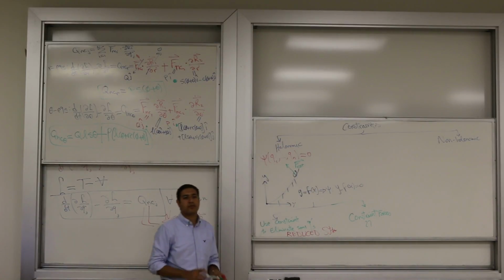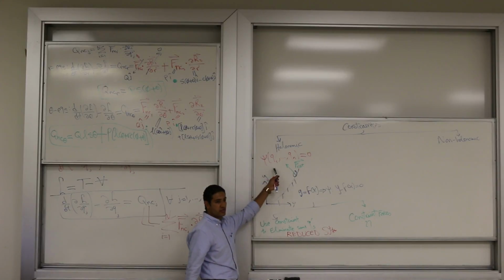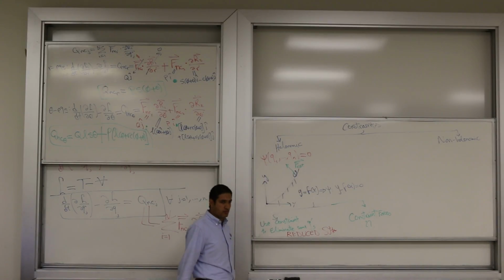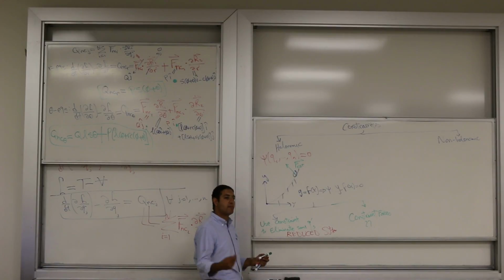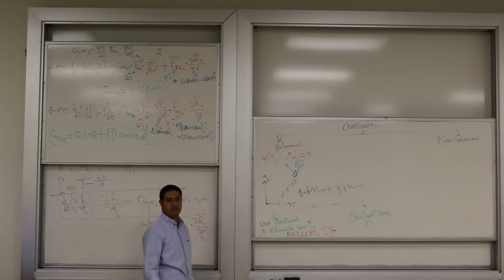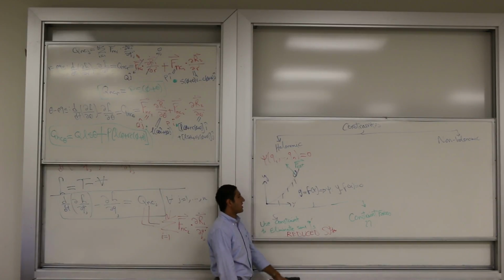I want to relate it to the constraint. The constraint is represented by this relation: psi, some function of the q's, is equal to 0. You said the constraint force is perpendicular to the surface, and the surface is mathematically represented by this relation, x squared plus y squared equals 0, whatever. So this is perpendicular to the surface. I know the equation of the surface. How can you get its perpendicular vector?